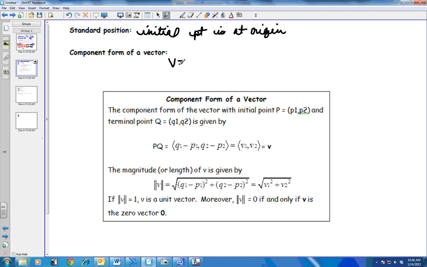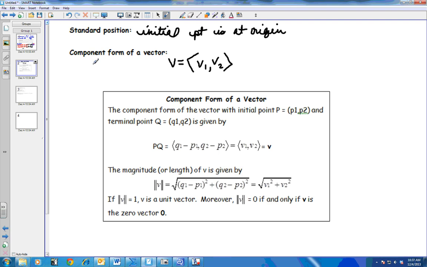Okay, so instead of writing it with two ordered pairs, since we know the initial point is at the origin, instead of using P's and Q's, we're going to write it as ⟨v1, v2⟩, and instead of using parentheses, we're going to use these symbols right here. So the component form of a vector is the easiest way to write a vector. And remember, this is talking about a vector that's in standard position with the initial point at the origin.